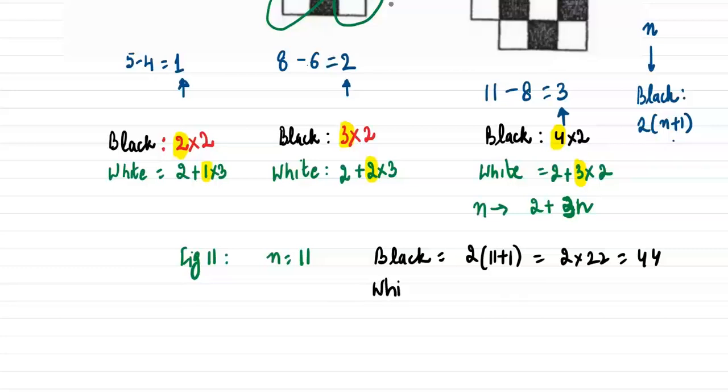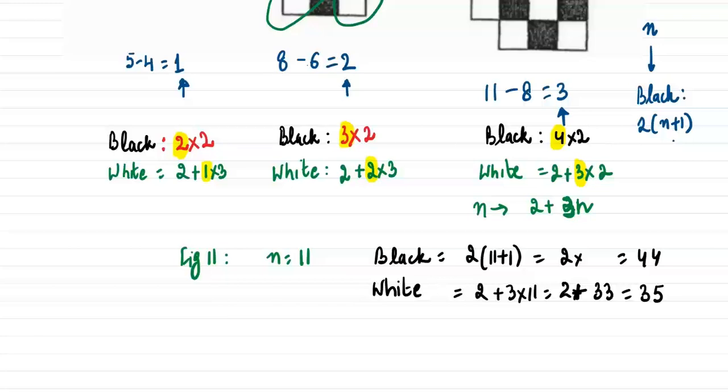And white should be 2 plus 3 into 11, which is 2 plus 33, which is 35.